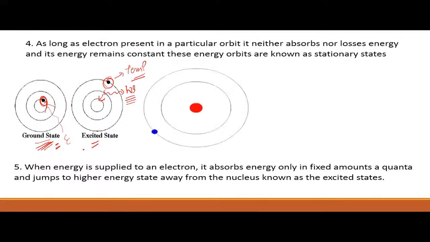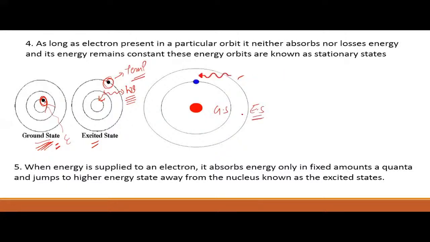We can understand the concept of ground state and excited state by this animation, in which this electron is present at its ground state. When it gains energy from any external source, it reaches the excited state. You can see this image carefully.